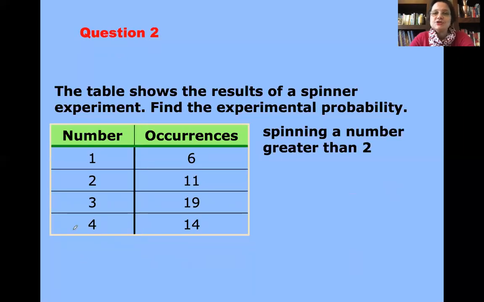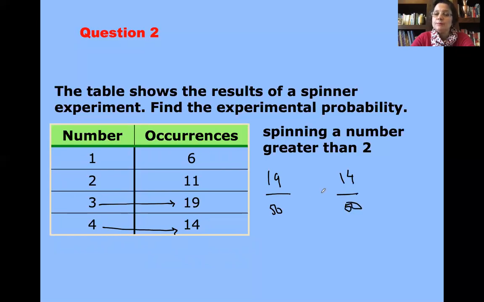The table shows the results of a spinner experiment. Find the experimental probability of spinning a number greater than 2. So greater than 2 means a 3 and a 4. So what is the probability of spinning a 3 or a 4? The probability of spinning a 3 is 19 over 50, and spinning a 4 is 14 over 50.